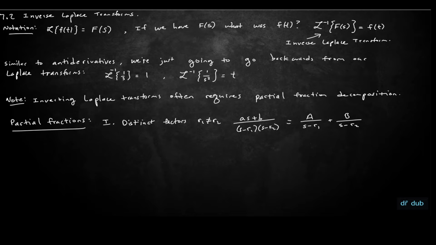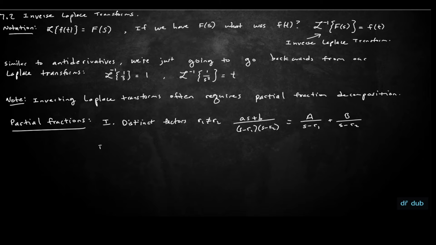Once we have those, we know how to invert them because they go back to exponentials, the ones in our list of Laplace transforms we want to know by heart. So this goes back to a constant times e to the r1 t plus a constant B times e to the r2 t.